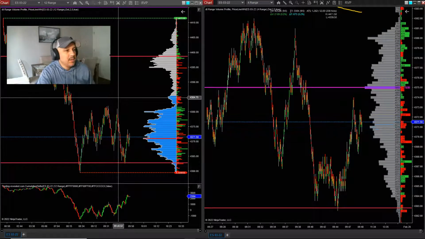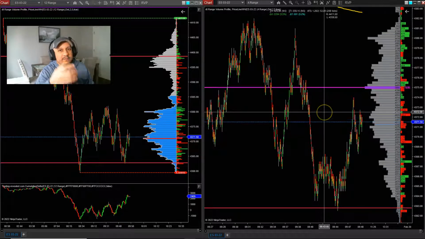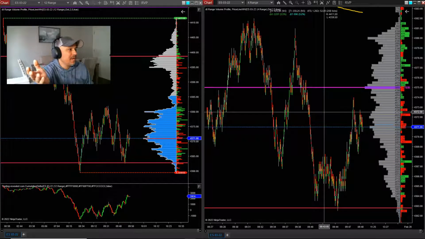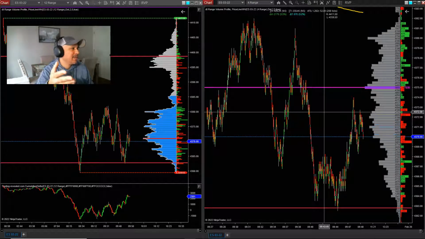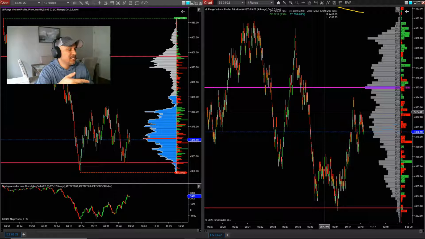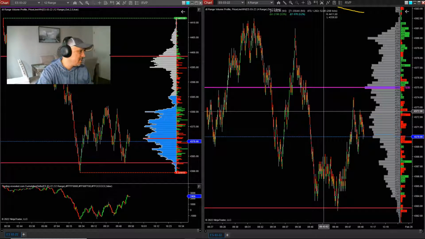It just depends. If I'm looking at thinner markets like the NASDAQ or the Dow, if you're a futures market trader, you may want to look at, instead of a 12 range as an anchor chart, maybe something like a 24, maybe even a 30, 32 range.